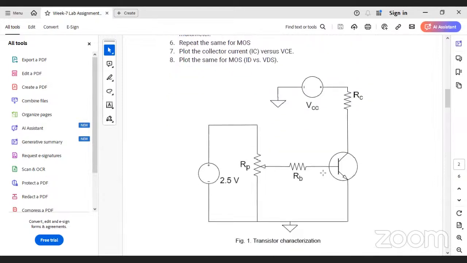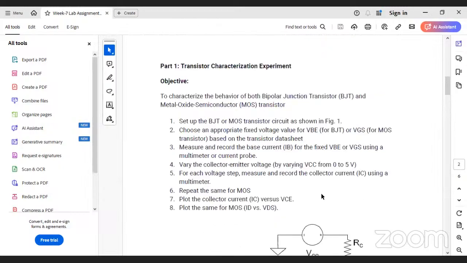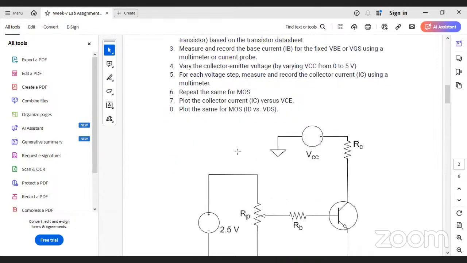In case of MOS transistor, you also have to find the current, but there will not be any current flowing, so that is another thing.